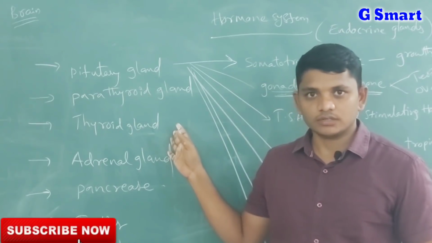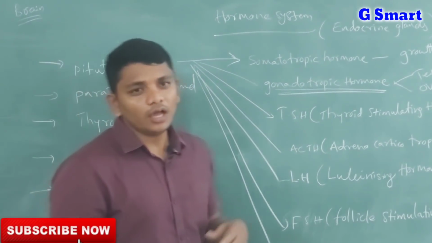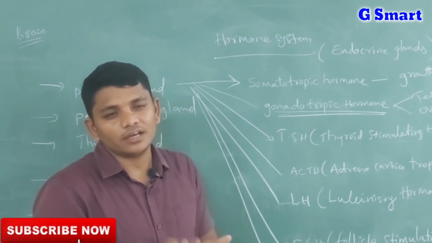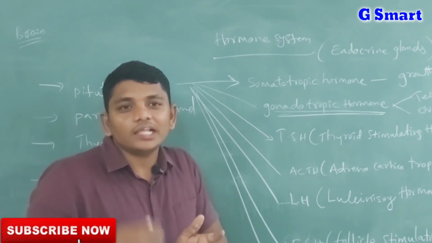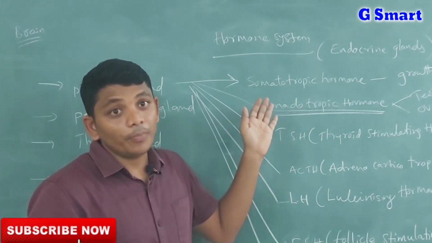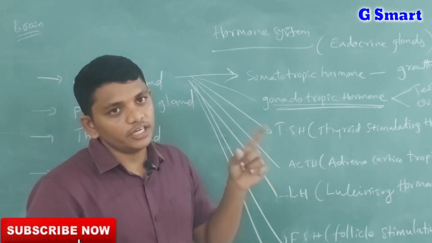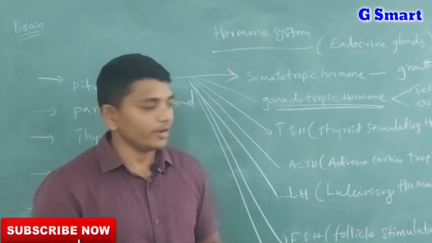You know that this pituitary gland releases various hormones. These hormones work on other endocrine glands, that is why it is called the master gland. It influences all the glands in the hormone system, right?